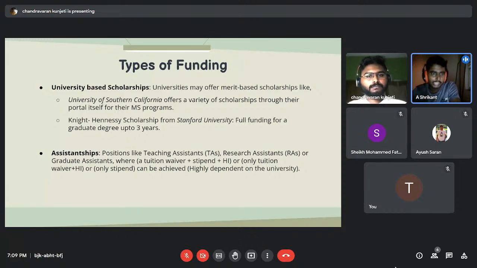Anyways, it's highly recommended you go with this option, because it's a good way to earn while you're studying in the university. If you're earning as well as studying, you get to sort the finances out then and there. So assistantship is the second most sorted thing for funding your MS.